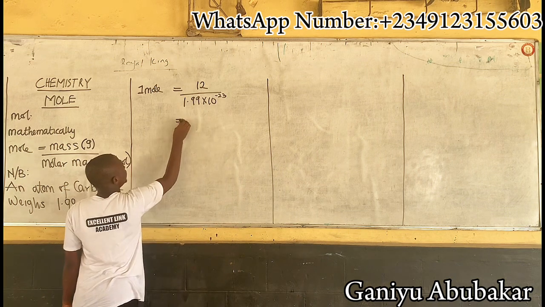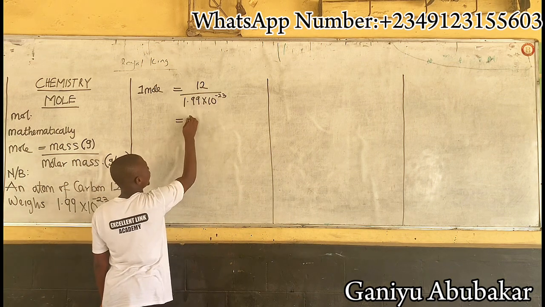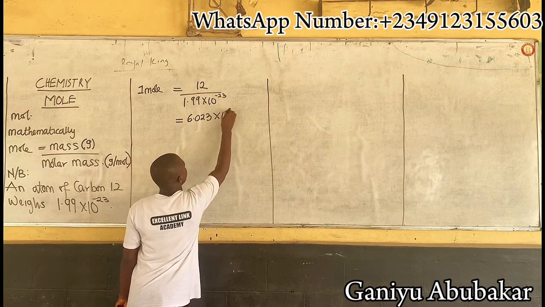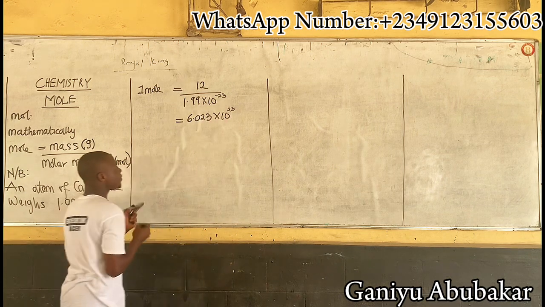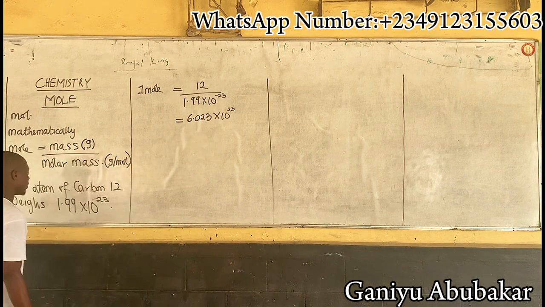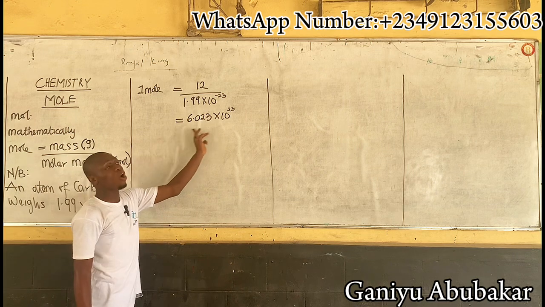If I punch this value, I'll have 6.023 times 10 to power 23. This value I just got from this concept is called a constant.